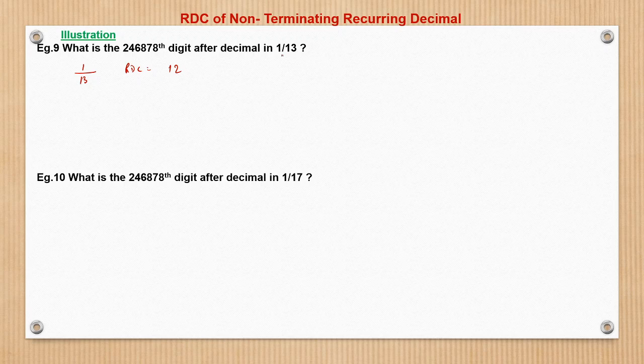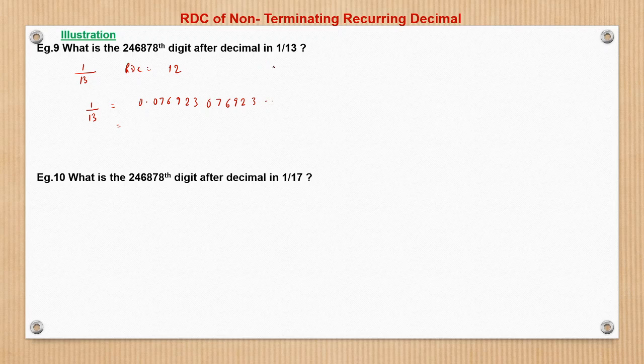Now we expand 1 by 13. Since a calculator is allowed in CAT, you can get 0.076923, and so on. The idea here is that the maximum RDC was 12, so the pattern starts repeating every 12 digits, and we have to find this digit.